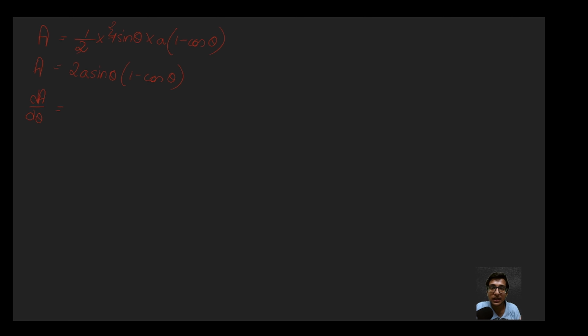So this would become 2a, sine theta into the derivative of (1 minus cos theta), which is sine theta, plus we keep (1 minus cos theta) as it is and differentiate sine theta, that becomes cos theta. So what does this turn out to be? 2a (sine square theta plus cos theta minus cos square theta).